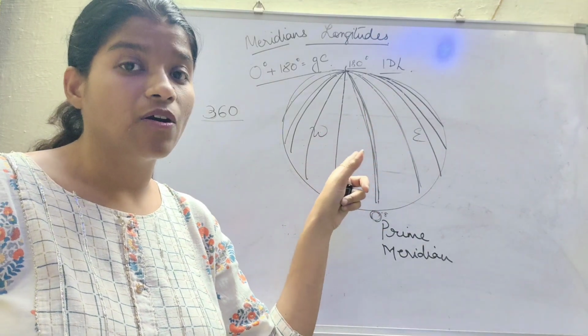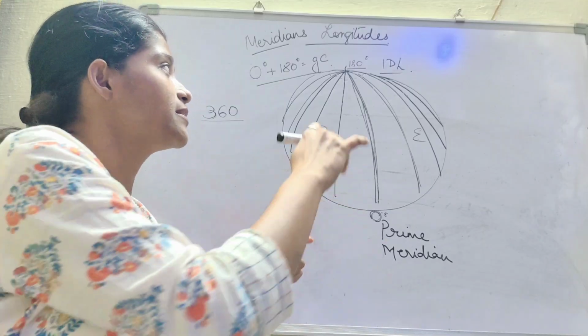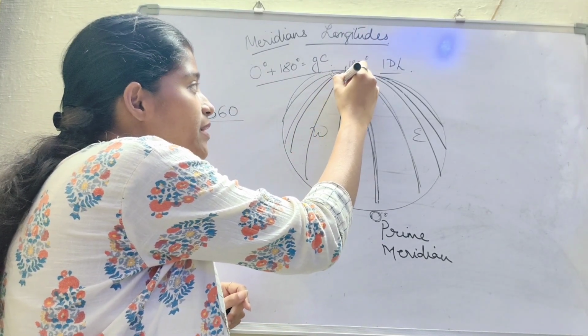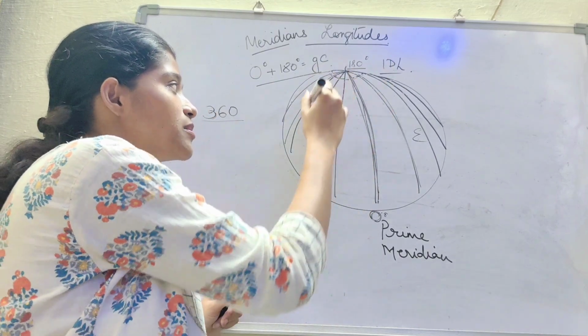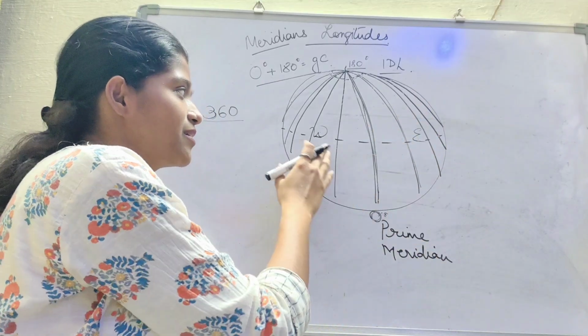The length of each and every meridian of longitude is the same, but the distance between the meridians decreases as we move towards the poles. At the equator it is not so; it is normal there.